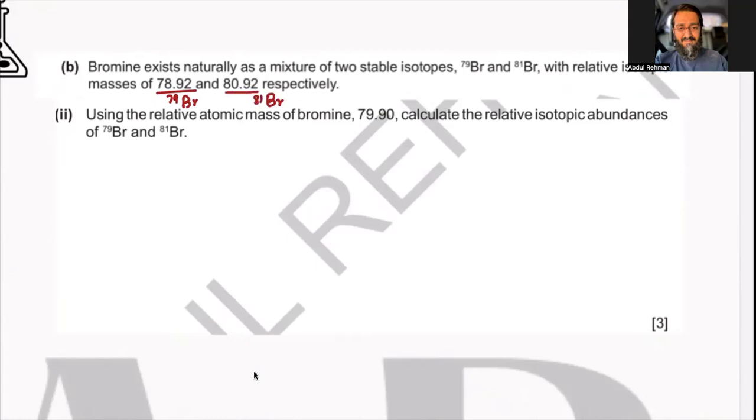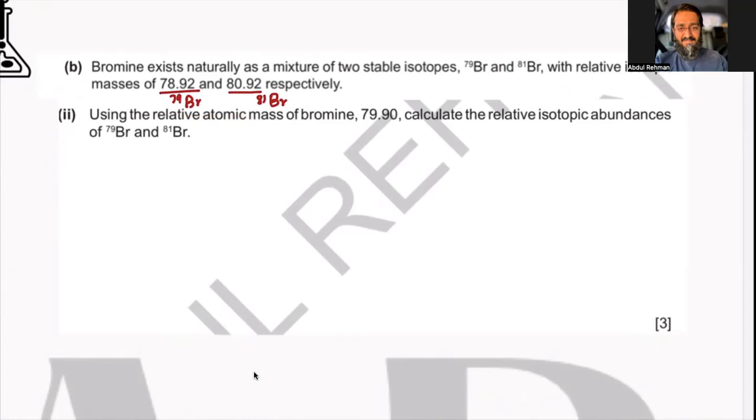Use the relative atomic masses of bromine. But how would you calculate the percentage of bromine 79, for example?